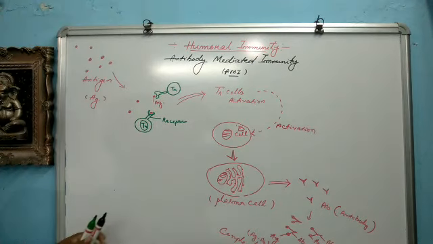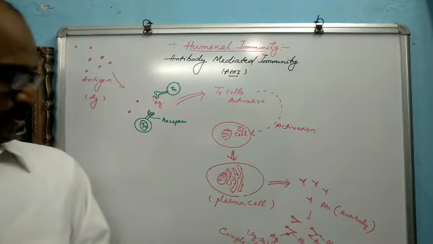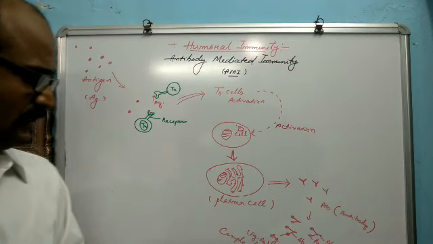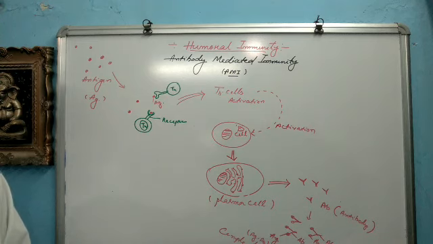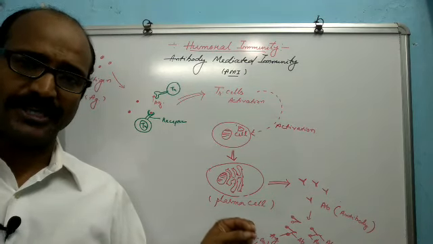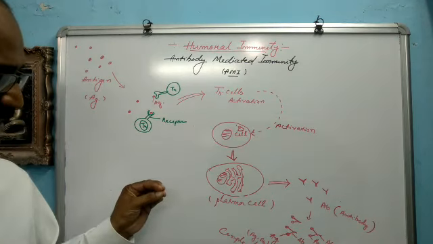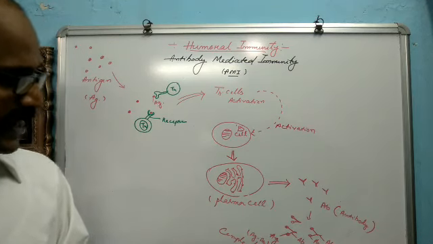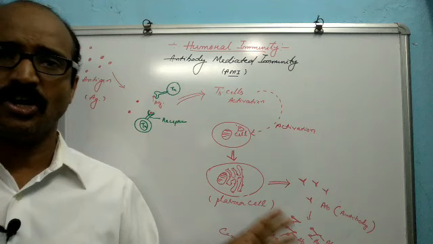Such antigen antibody complexes precipitate in the blood vessels or the lymphatic vessels of our body, and accumulate in the body. The formation of such a complex is known as agglutination.